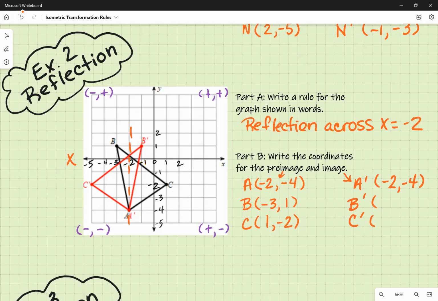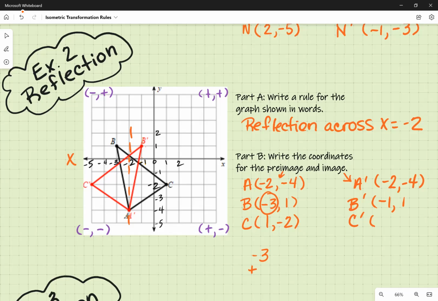For my B prime, however, if I'm looking at my graph, it's -1 and 1. If I'm not looking at my graph, what did I have to do to get from B to B prime? Well, I already said we had to move over 2, right? Well, what I would have done then is taken my X, -3, and moved over to the right.